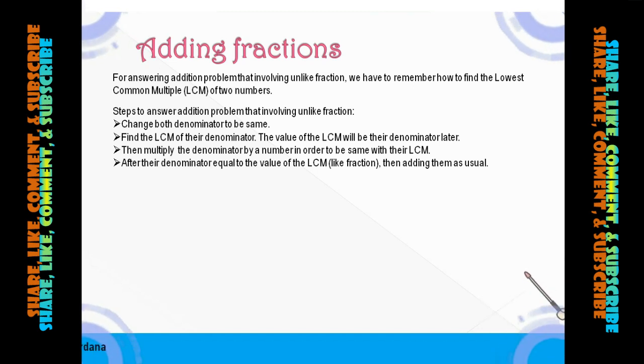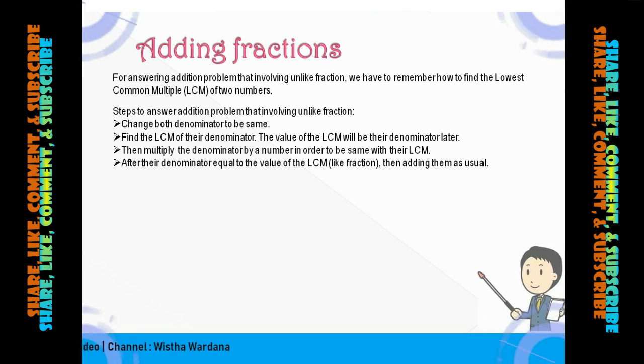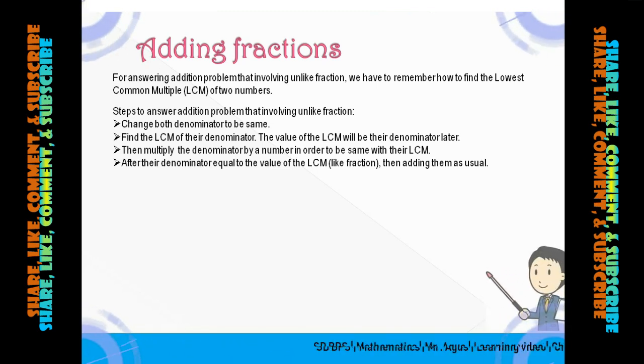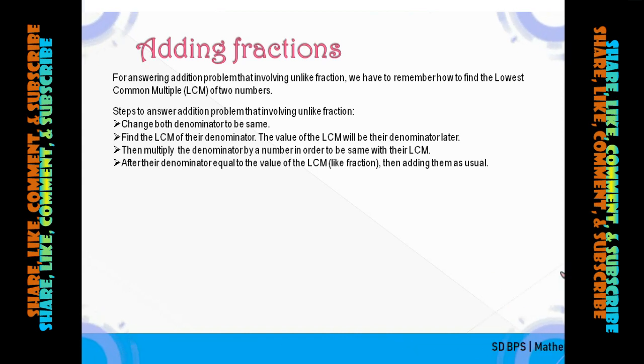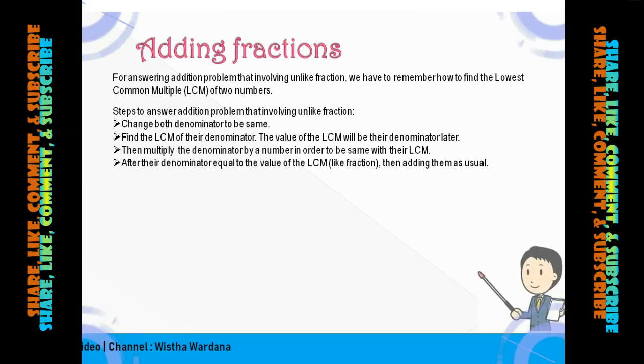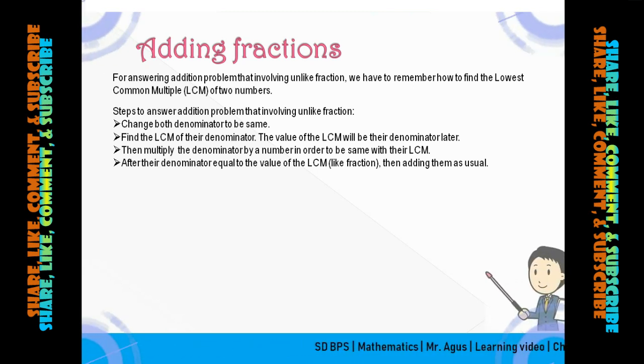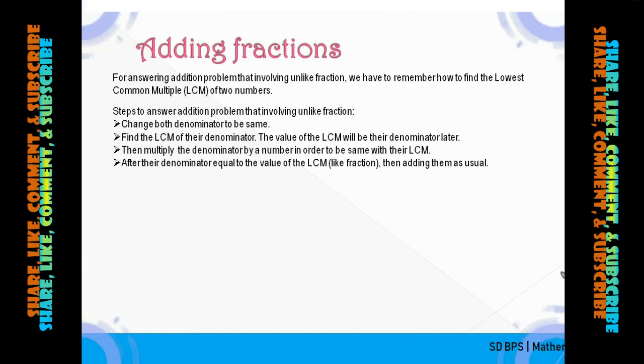Number 3, then multiply the denominator by a number in order to be the same as the LCM. And number 4, after the denominator is equal to the value of the LCM, or we can say you got two like fractions, then add them as usual.